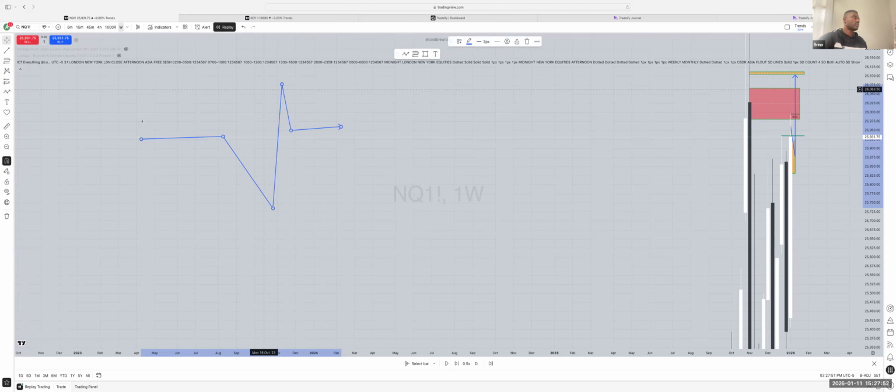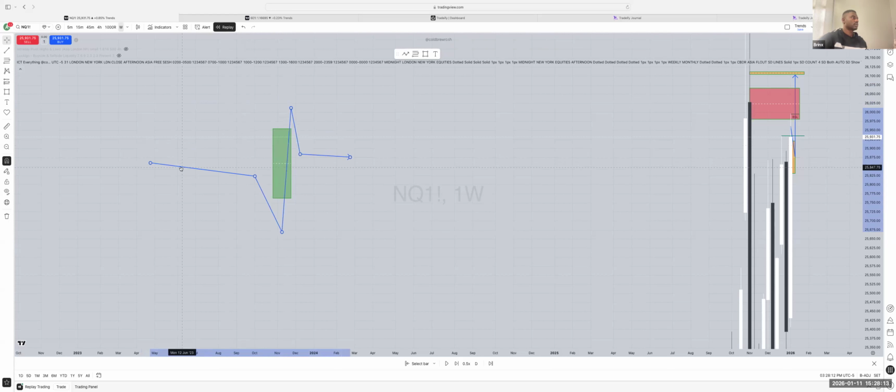So how it shows up on a candle, it's going to look something like this.